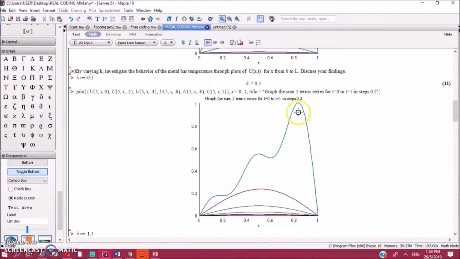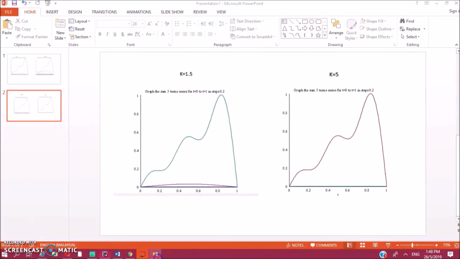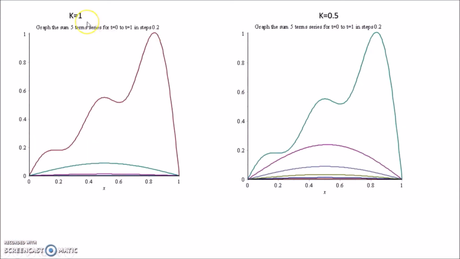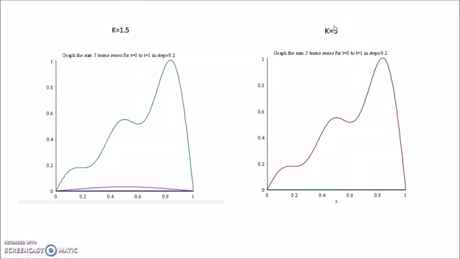Okay, here I just put k equal to 0.5 and plot the graph, and I got this. Then I put 4 different values of k. First, I put k equal to 1. Then k equal to 0.5, k equal to 1.5, and k equal to 5.